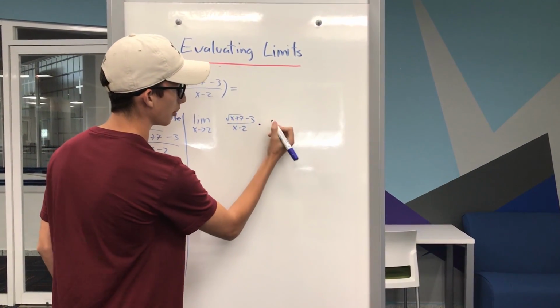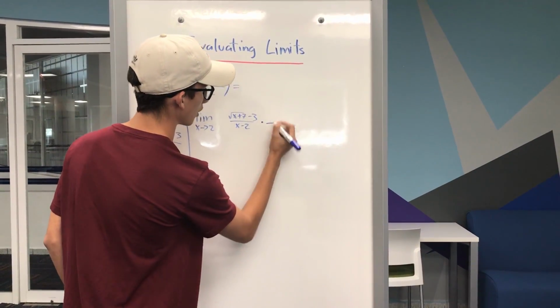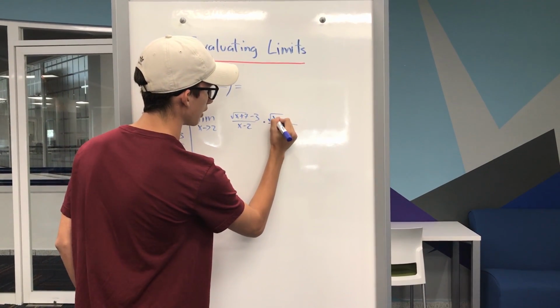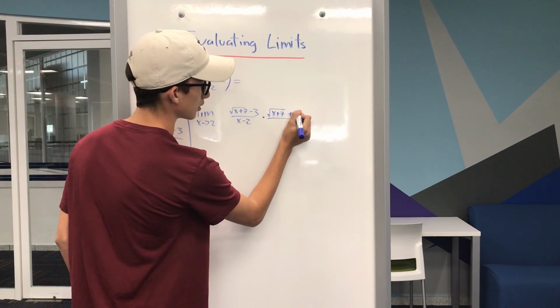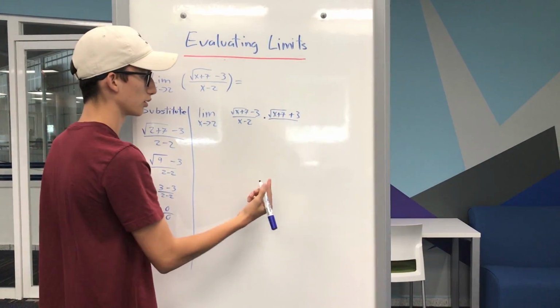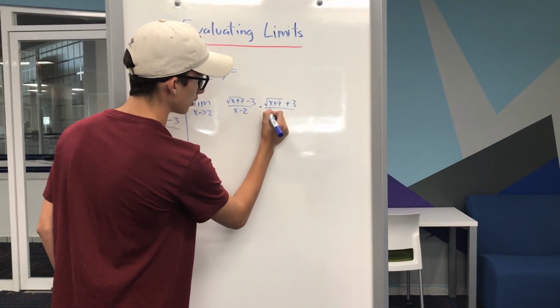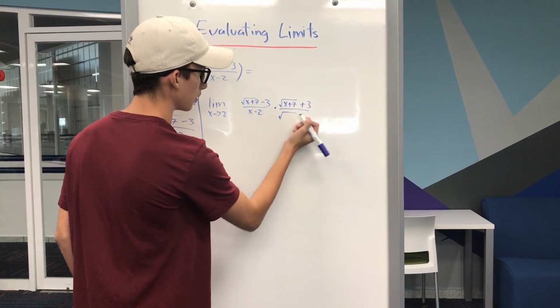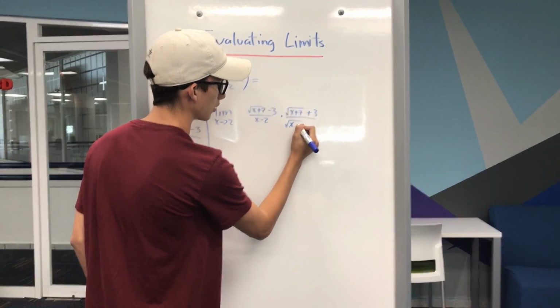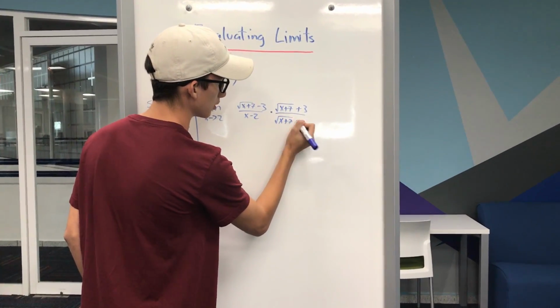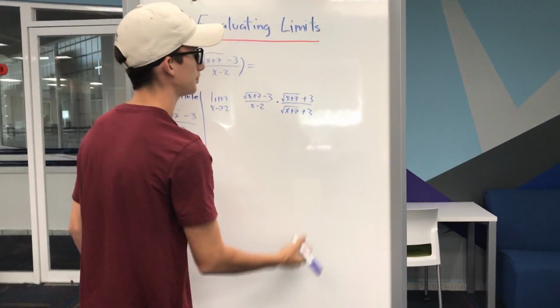So we multiply by its conjugate, which is the square root of x plus 7 plus 3, because the conjugate is obviously the opposite of one thing. So we're going to have the square root of x plus 7 plus 3 again.